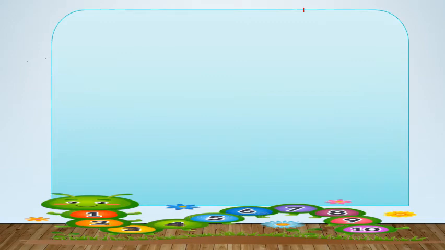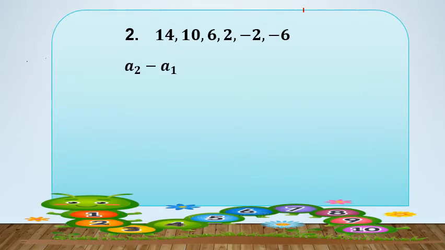Another example, 14, 10, 6, 2, negative 2, negative 6. Hanapin natin ang common difference. a sub 2 minus a sub 1 equals d. a sub 2 is 10.